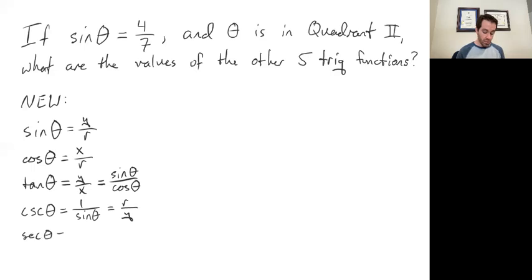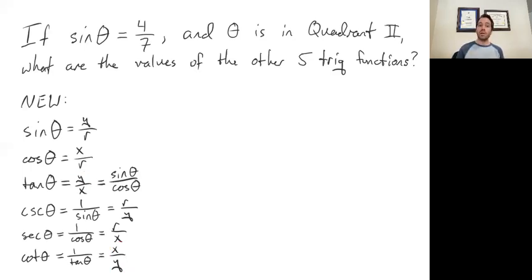Secant of theta is 1 over cosine of theta. We can think of that as r/x. And then finally, cotangent of theta is equal to 1 over tangent of theta, which in terms of this x, y, r business, we can think of as x/y, which of course is the flipped version of that.